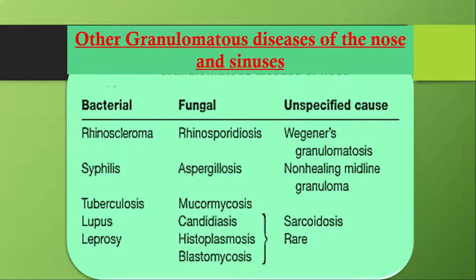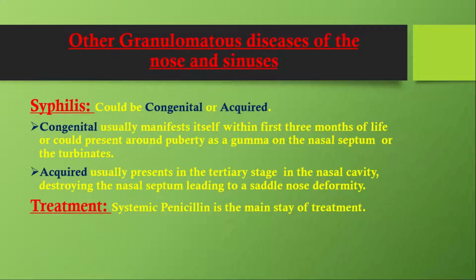Among the fungal ones, we've got rhinosporidiosis, aspergillosis, mucormycosis, candidiasis, histoplasmosis, and blastomycosis. Whereas unspecified causes include Wegener's granulomatosis and non-healing midline granuloma, also called T-cell granuloma or T-cell lymphoma, and sarcoidosis.